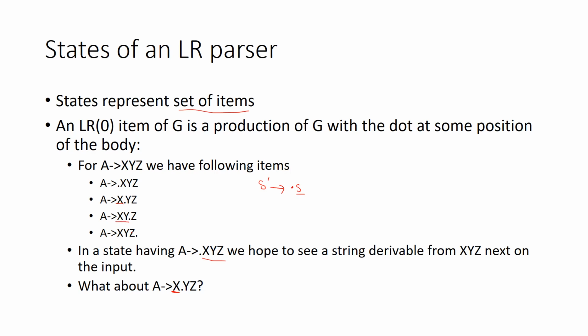And if it is A derives XYZ dot, when the dot is at the rightmost side, the meaning is that we have read everything. And in the state having A derives dot XYZ, we hope to see a string derivable from XYZ next on the input. In this case, we have read one variable.